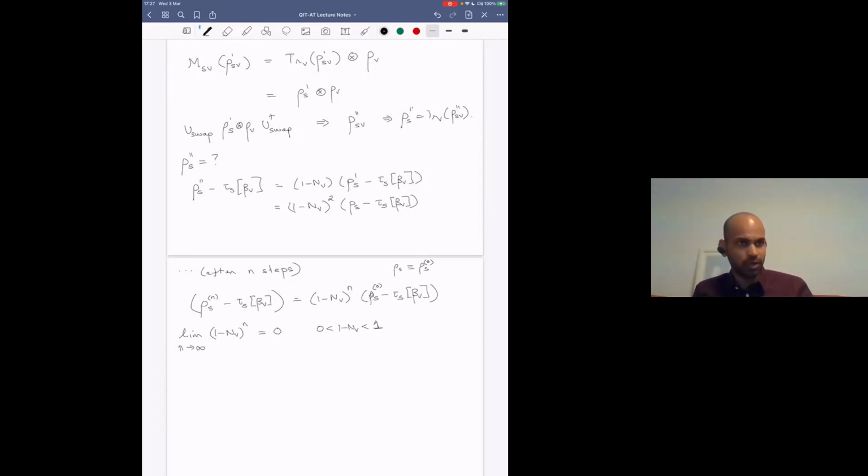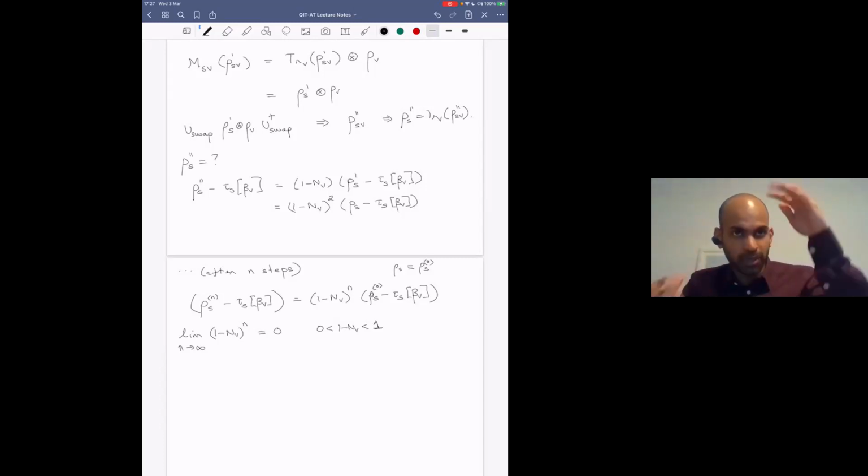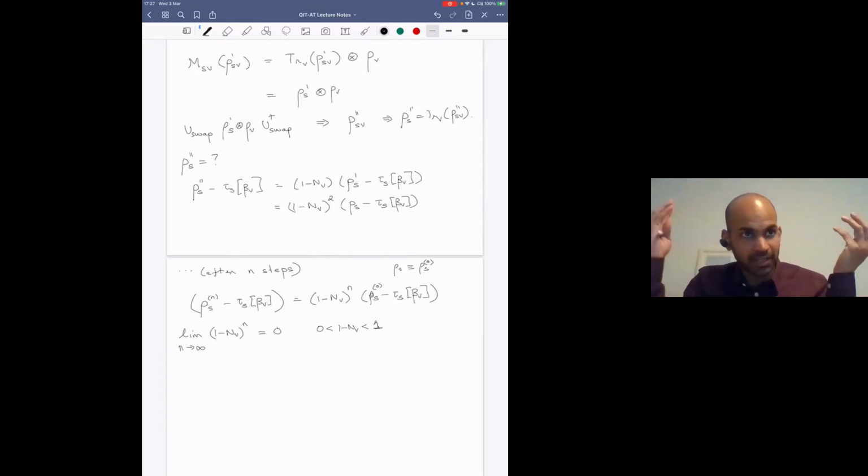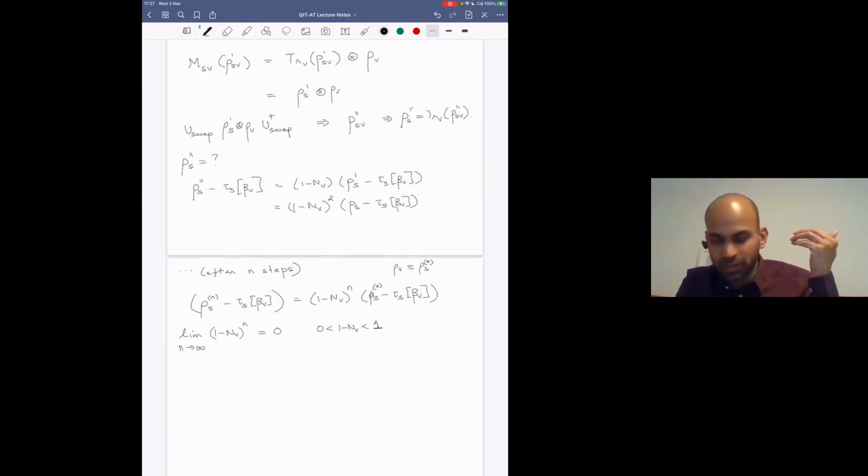We're assuming that NV is not 0, because if NV is 0, that means our virtual qubit just doesn't exist. There's no probability of being there at all, and every swap will do nothing. But NV is not necessarily 1 either, because it may have population in V that's not in this virtual qubit subspace. So it's a number between 0 and 1, and any number between 0 and 1, if we take an integer power of it, we will get closer and closer to 0, the limit being exactly 0.